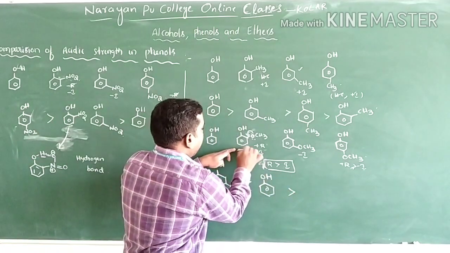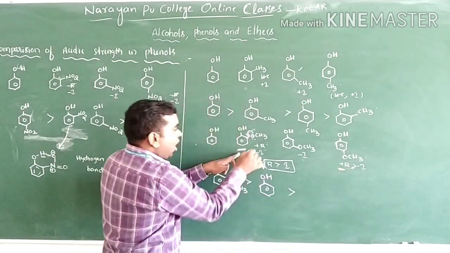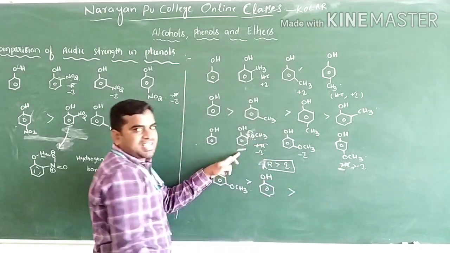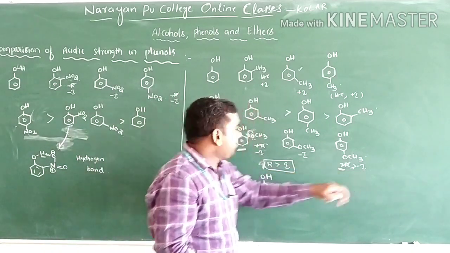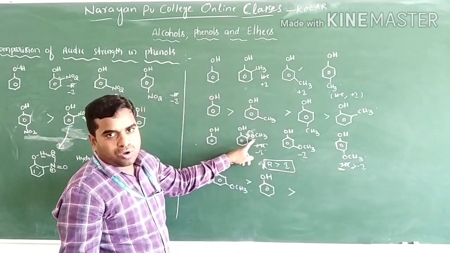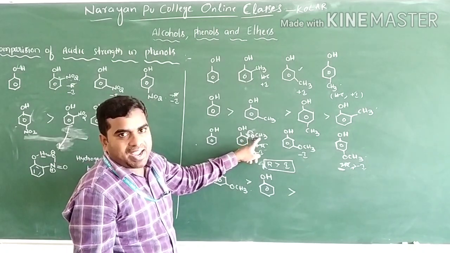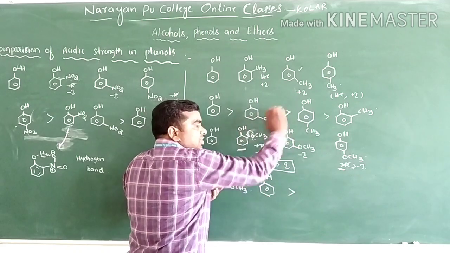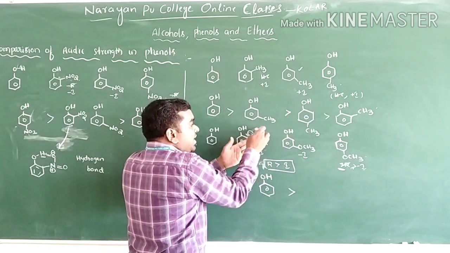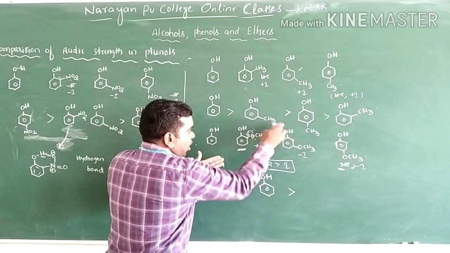You have to compare the ortho and para. Ortho and para, R effects are the same. You have to compare now which effect? Minus I effect. If you compare the minus I effect, minus I effect is very high at the ortho position. Clear? So minus I means electron withdrawing. Electron withdrawing is more when it is very close to the OH, at the ortho position.